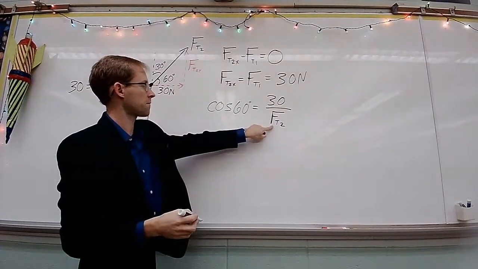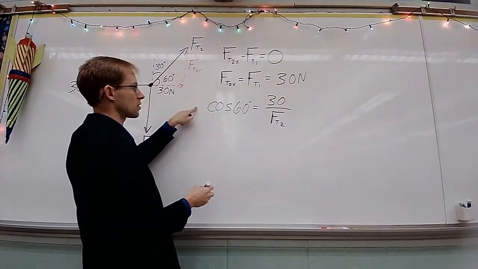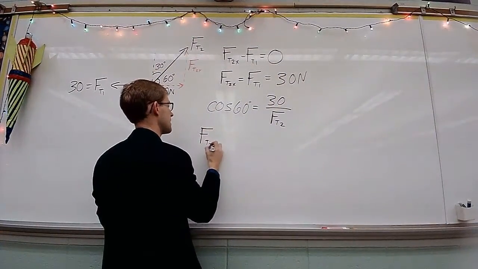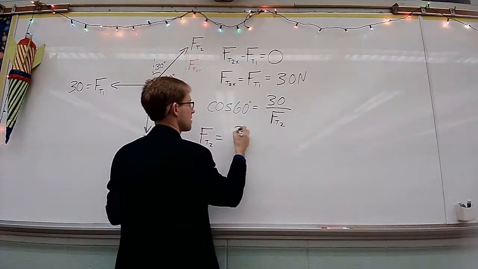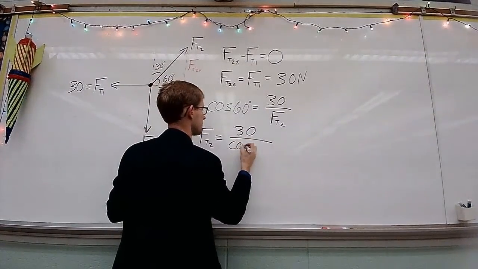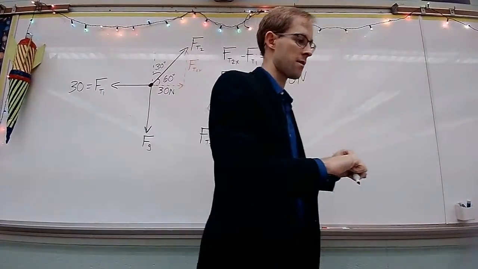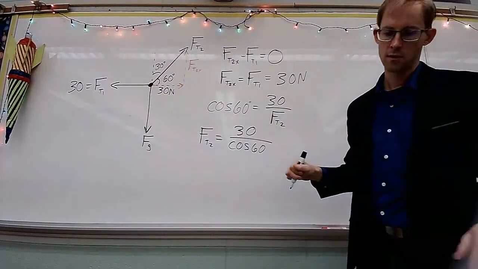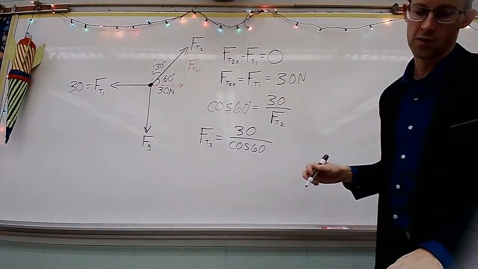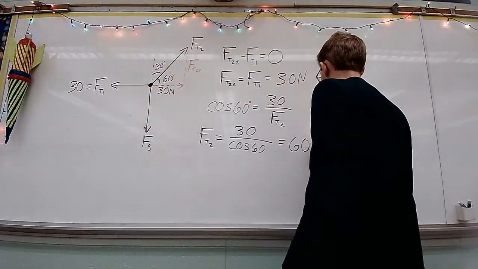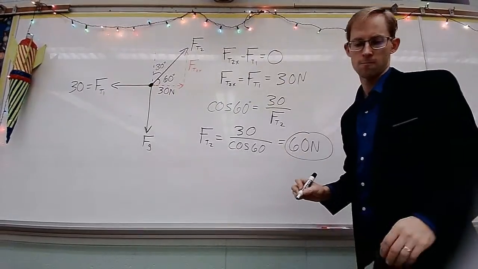So to get FT2, I multiply both sides by it, divide both sides by cosine 60, and when you do the math, you should end up with 60 newtons. That's FT2.